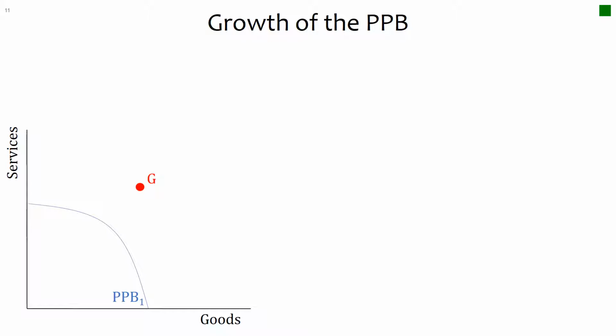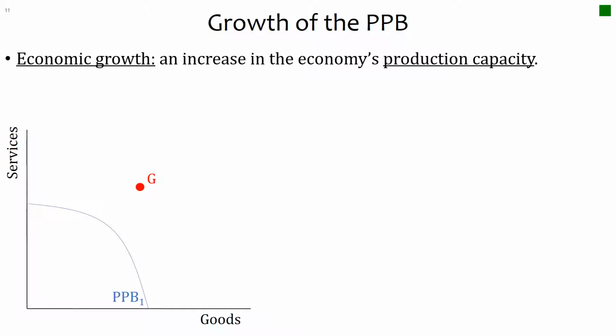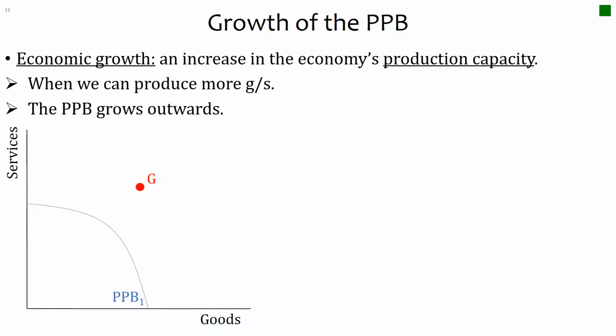Sometimes what happens is that the PPC or PPB grows, and that's called economic growth. That's an increase in the economy's production capacity. That's really the same as having more potential. So potential GDP is really the same as the PPB or PPC. That's when we can produce more goods and services. So the point G, which was not achievable before, becomes achievable, right?